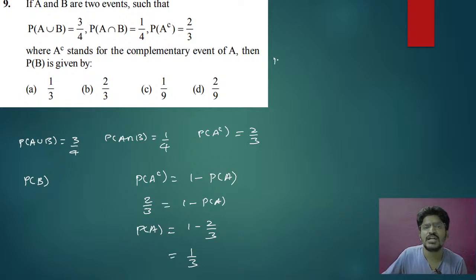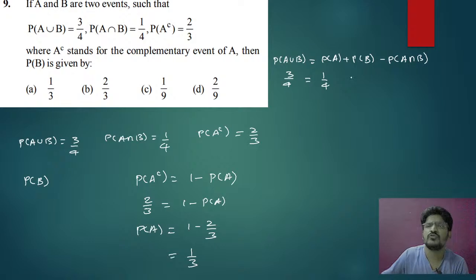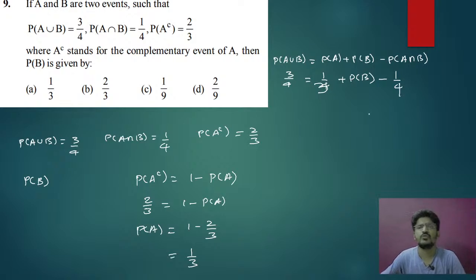And we all know that probability of A union B is probability of A plus probability of B minus probability of A intersection B. From this you can just say probability of A union B is 3 by 4, probability of B we have to find, probability of A intersection B is 1 by 4.